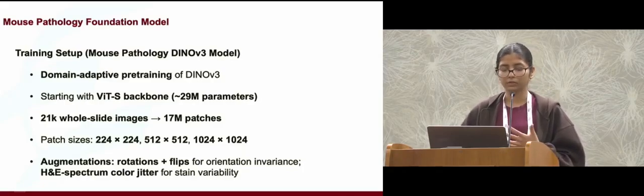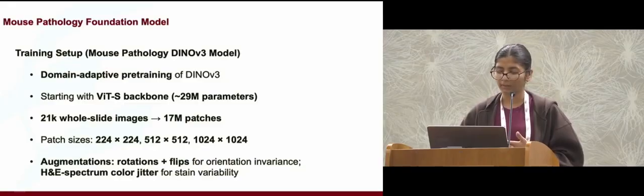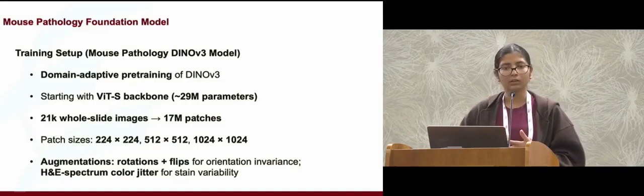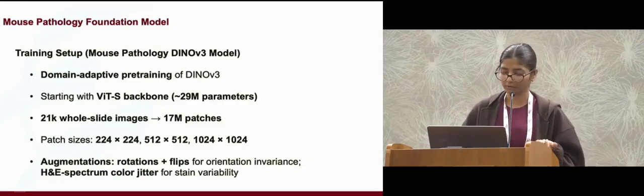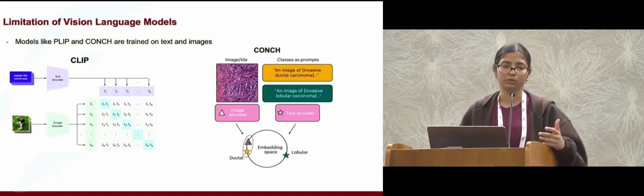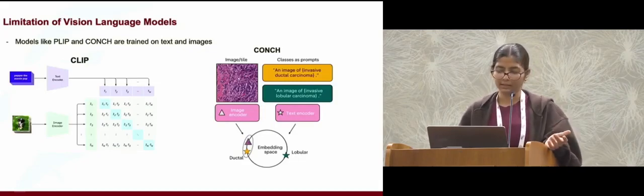And we introduced augmentation, specifically color jitter, for the stain variability that comes from different data cohorts. We're still very early, testing our model, designing the benchmarking, and also collecting more datasets to scale our model to a larger ViT backbone. So if you're interested in this, please reach out to us if you have more data or you want to use this model. That was our model, and we wish to use the same architecture for the SLC dataset.